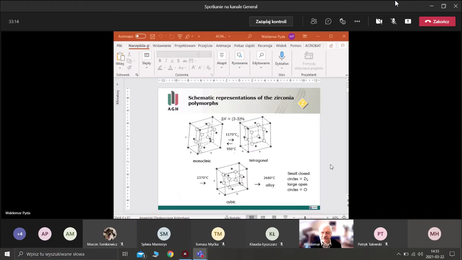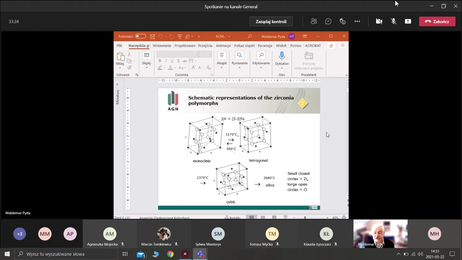Okay. The structure of the cubic zirconia is similar to or the same as the structure of another compound. Could you name it?